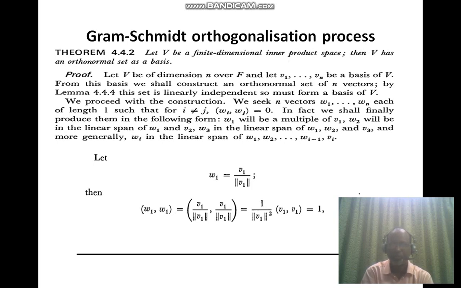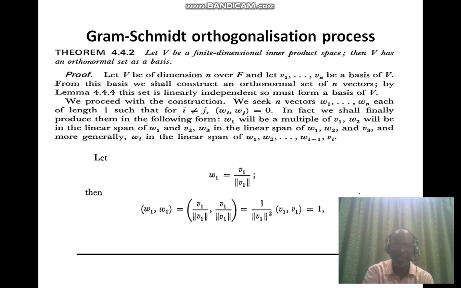We are going to find the orthonormal vectors w1, etc., wn, with the condition that the inner product (wi, wj) is equal to 0, and obviously all of them will be unit vectors. What is the construction? First you take the first vector v1 and construct w1 as v1 divided by the norm of v1. So automatically w1 becomes a unit vector.